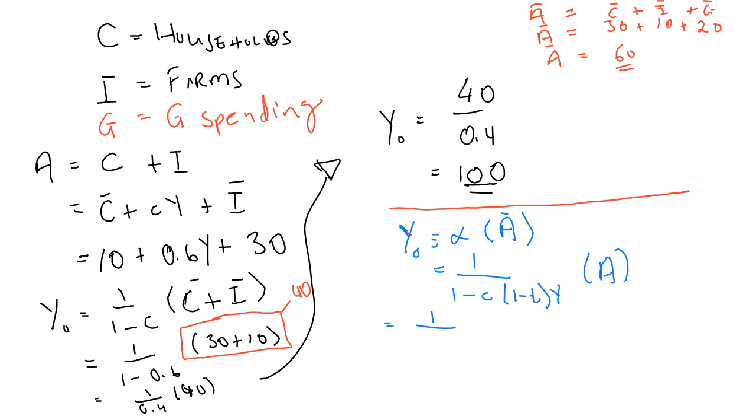Now in this case, guys, let me know in the chat, what is my marginal propensity to consume? What is my C? My marginal propensity to consume. Absolutely. 0.6.